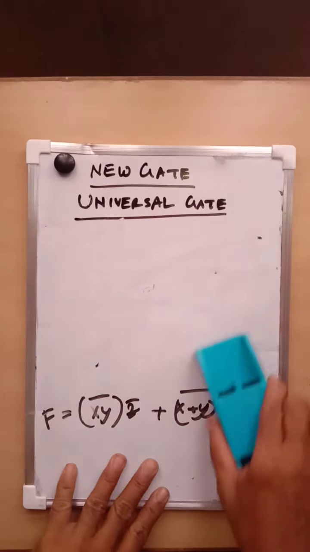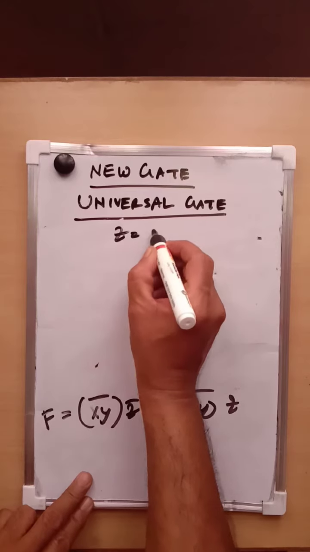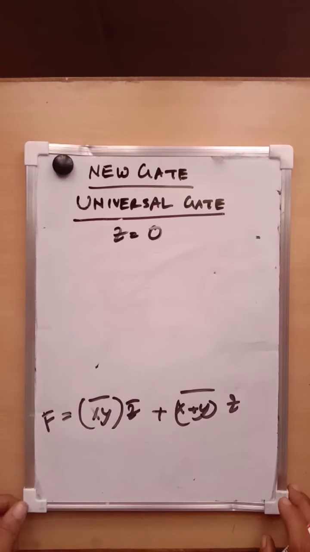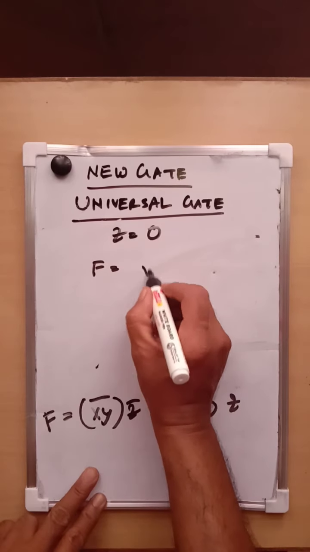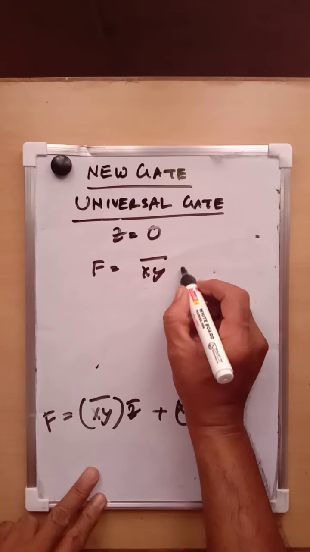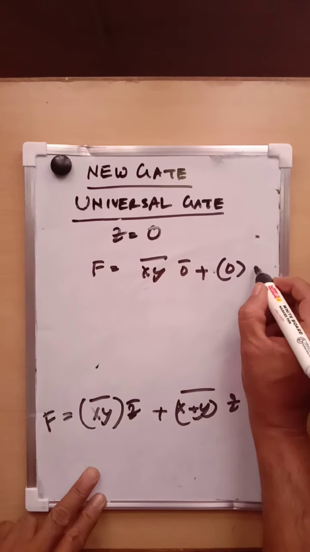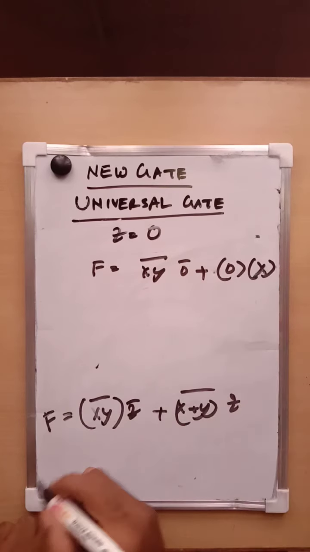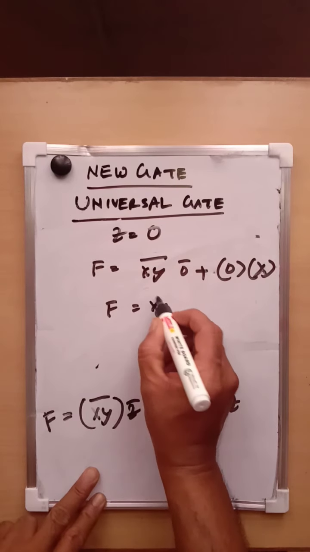From this explanation, if Z is 0, what could be the output? Z is 0 means F is equal to XY bar into 0 bar, and the other term becomes 0 into X plus Y bar, which cancels. So F is equal to XY bar.